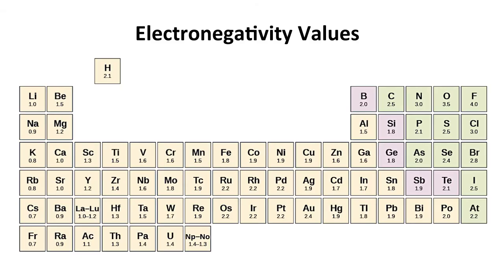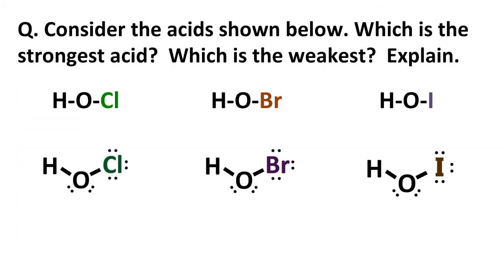So size of atom might make a difference. And the other thing is Cl is more electronegative than Br, and Br is more electronegative than I. And typically both of those factors could be things we'd consider in terms of affecting the properties of the substance we're looking at. And it turns out in this case it's the electronegativity or electronegativity difference that's the bigger factor.